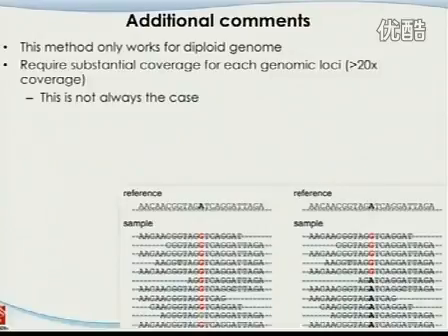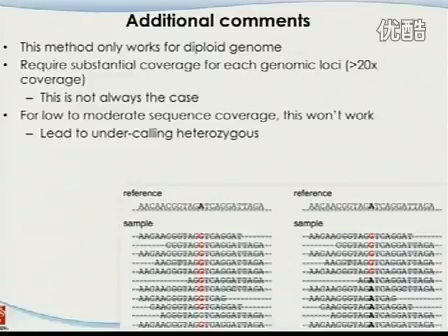But for whole genome sequencing, especially the 1000 Genomes Project, they have only 4x coverage on average per genomic locus, and you cannot really use it to do the base calls.